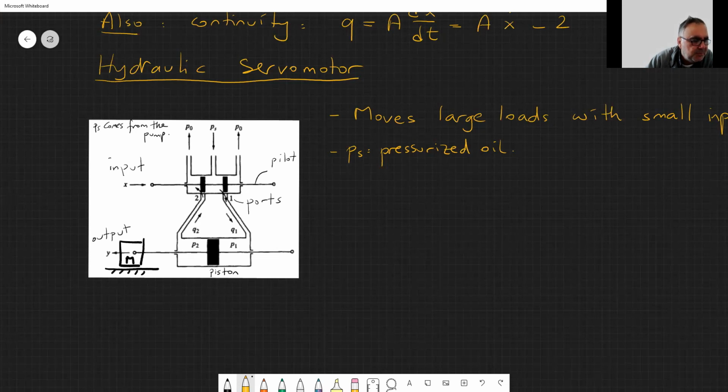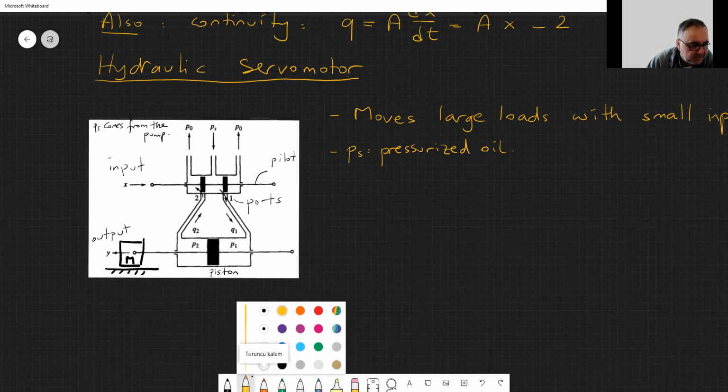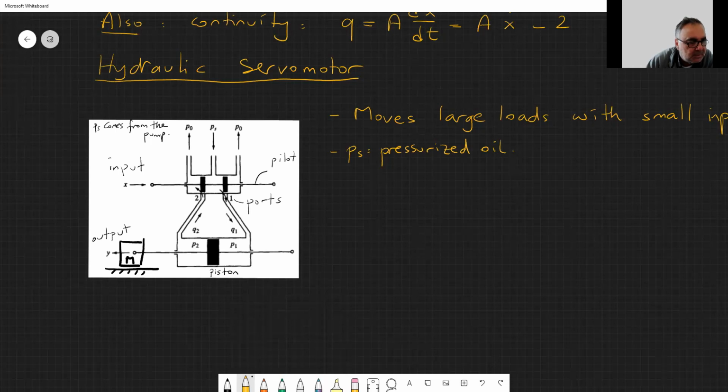For example, if the motion, let's say, is like this, this is the piston and this is the port, like here. So the piston opens the port a little bit. Where this is the pressurized fluid, PS goes from here.